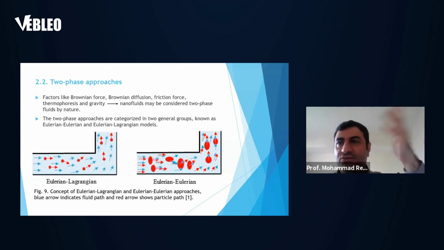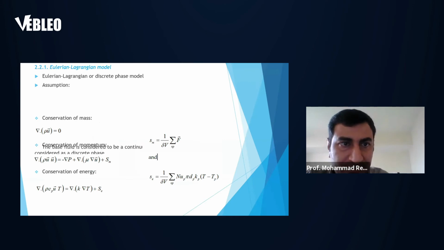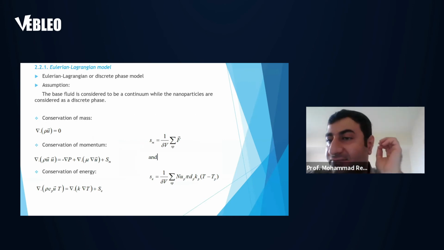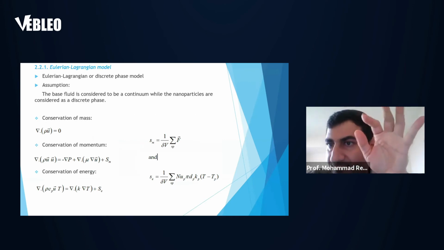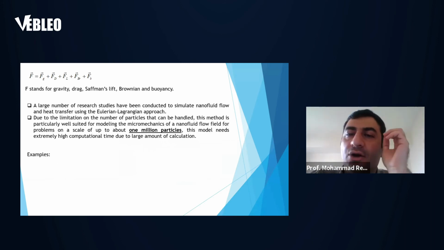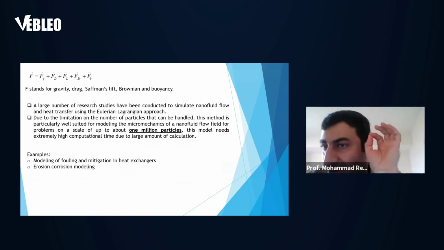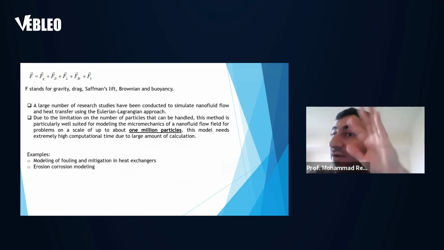This is the point of view that this modeling uses. This is a very precise model. It's very good. It can be used for specific types of modeling like erosion, corrosion, or fouling and mitigation. And it's a really accurate model, because the point of view is really accurate, but it has some limitations, actually two or three limitations.